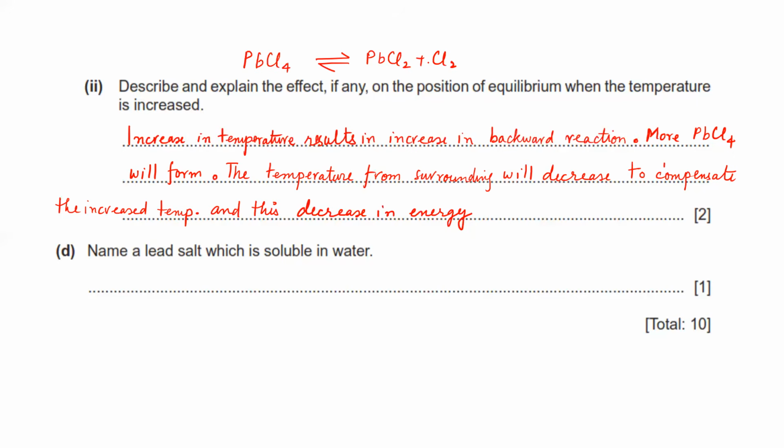Bond formation is exothermic, bond breaking is endothermic. Since this is a backward reaction, the temperature is absorbed over here, and this allows new bonds to form at this end. This is actually an endothermic process.